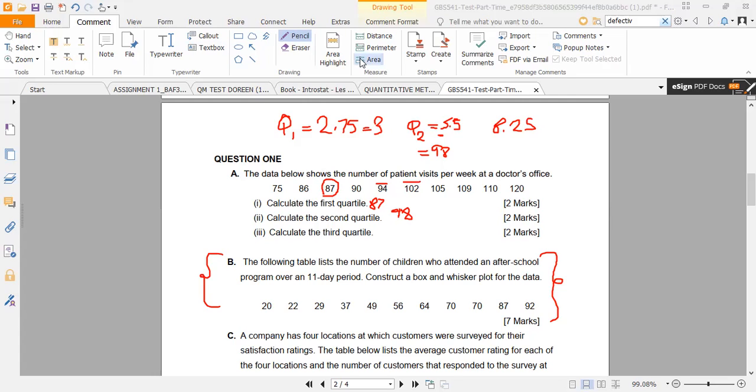So 8.25, what does it mean? The eighth value. Which one's the 8th number? 1, 2, 3, 4, 5, 6, 7, 8. So this is 109.